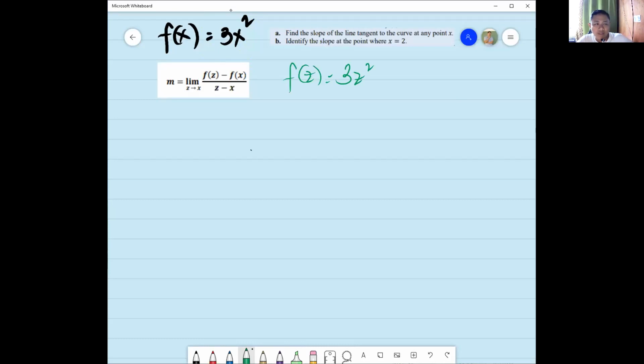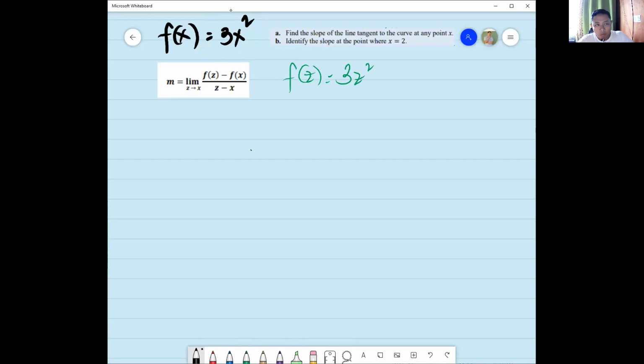All we have to do now is substitute in our given formula. Again, the derivative is the slope of the tangent line to the curve. Remember that.